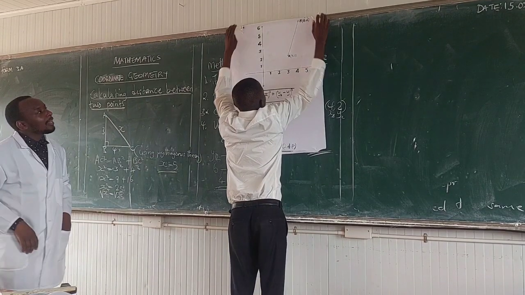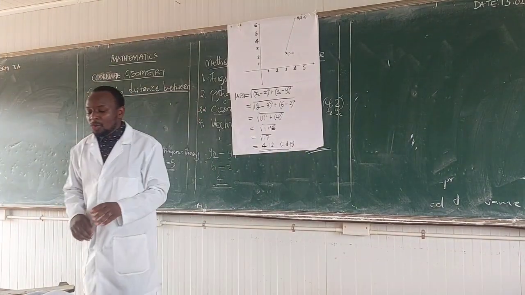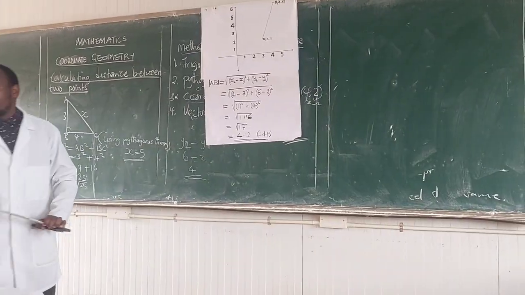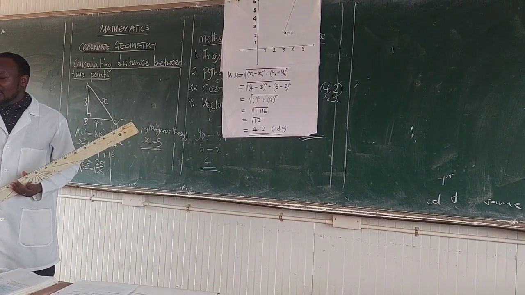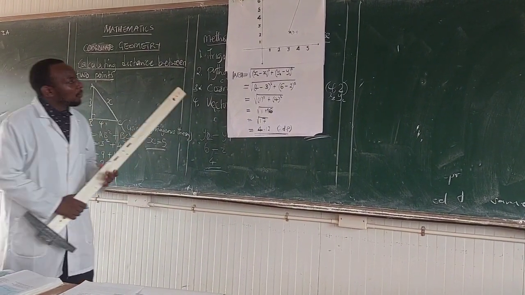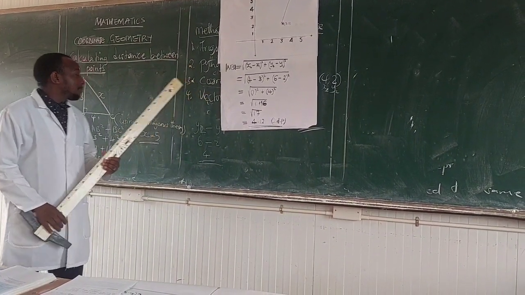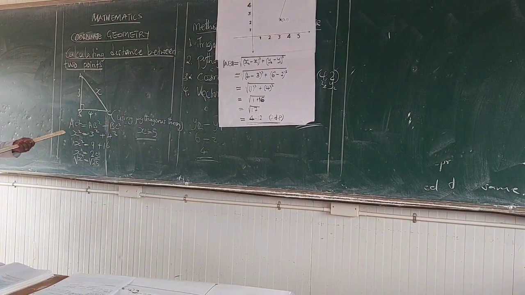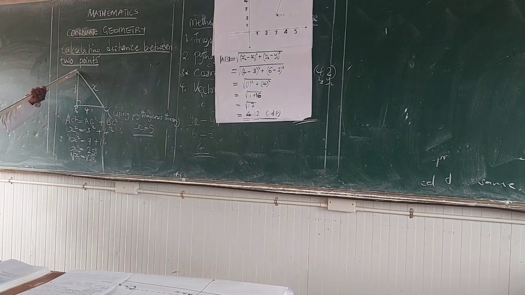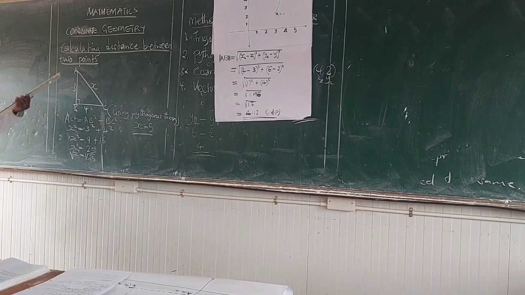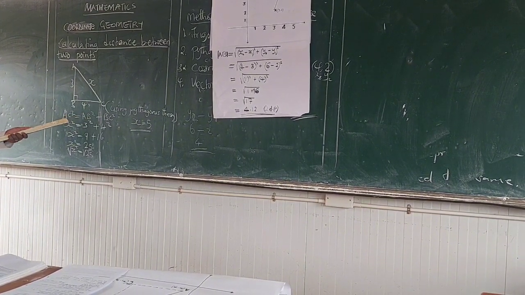So there is a way. There is a way which we use to get the distance for this slanting line. Just like the Pythagoras theorem which we used here at first, what did we do here? We said AC squared equals AB squared plus BC squared. This is what we did at first. Do we all agree?